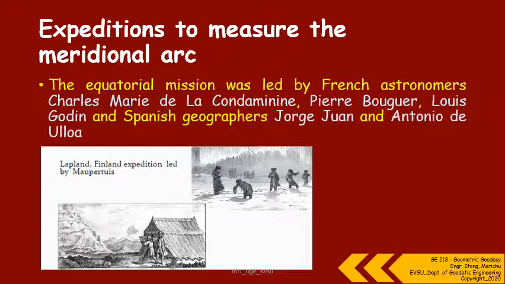Some astronomers measured the meridional and some of them measured the equatorial. We have the Finland expedition led by Maupertuis. They measured the meridional arc, along with the equatorial mission, to prove what is the actual shape of the Earth.